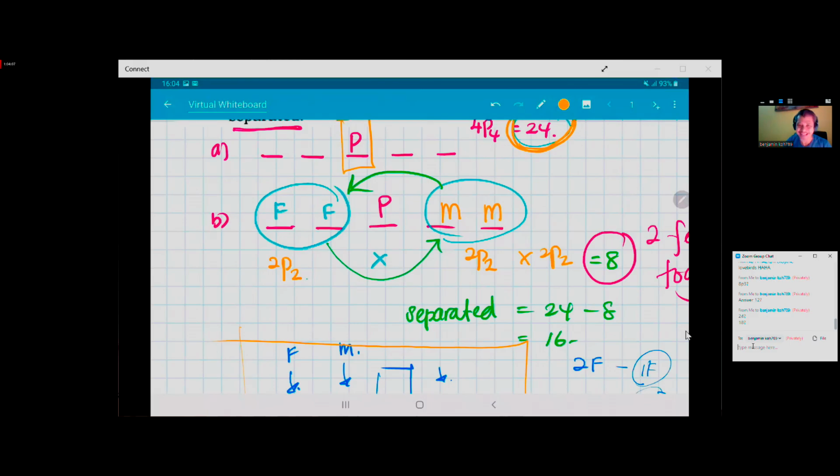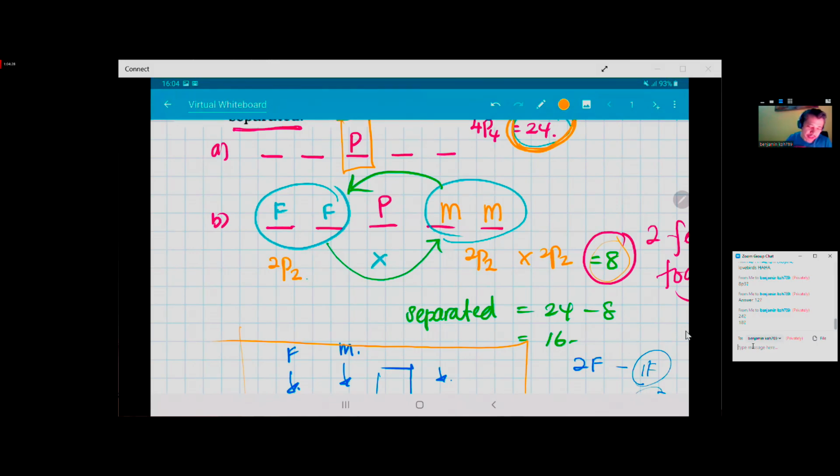The 8 is the two females being together. But I want separate, so I minus from 24. Do you get this? Chloe, are you all right? Are you okay? Okay, all right, no problem.